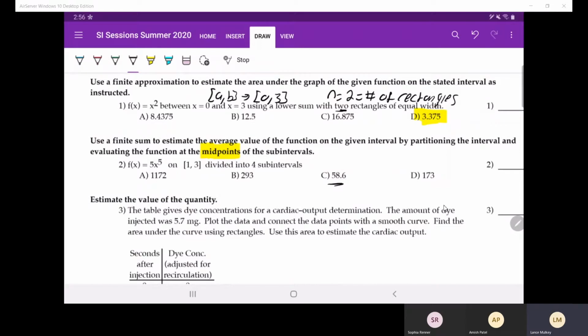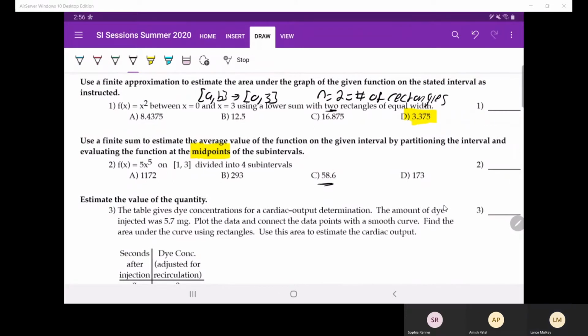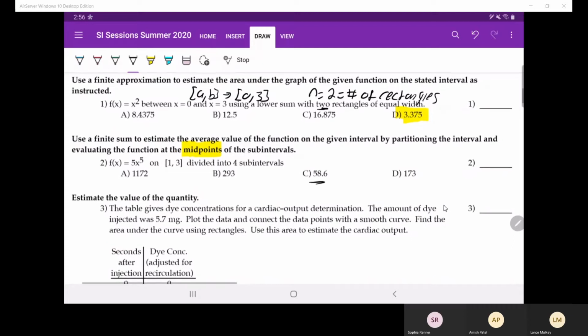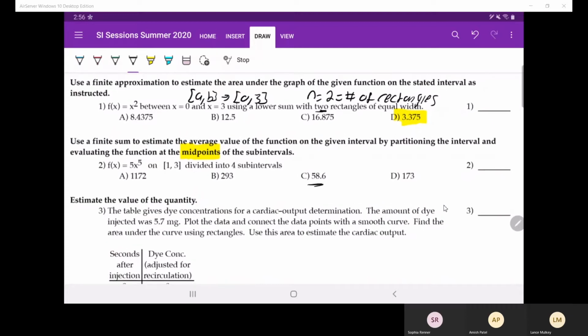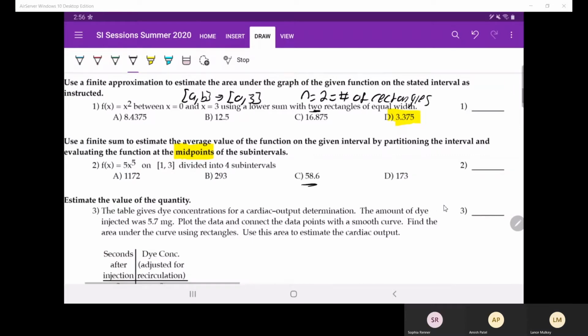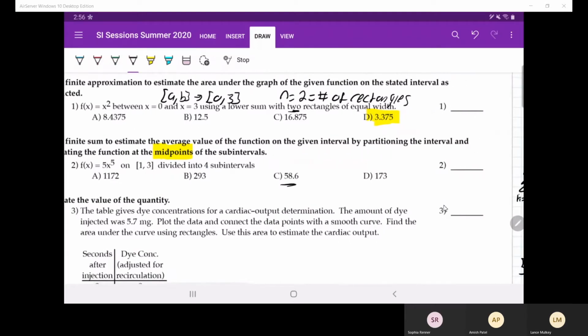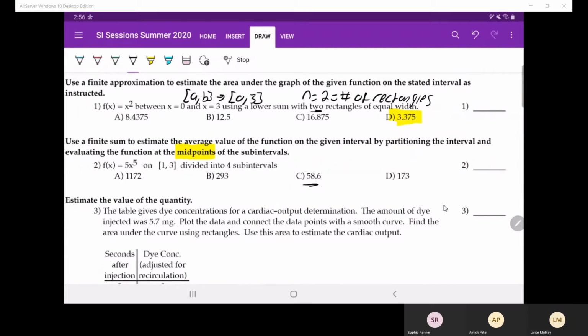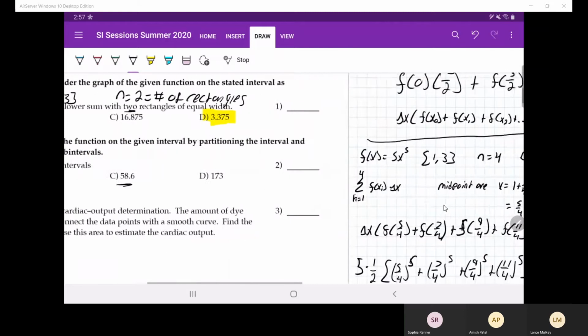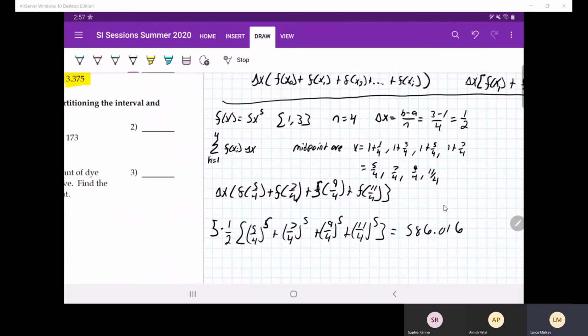Oh, what do you mean by average? Oh, hang on, I didn't see that. Oh, wait, does it want the average value of all the midpoints?